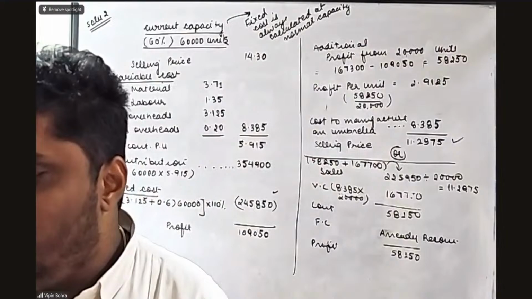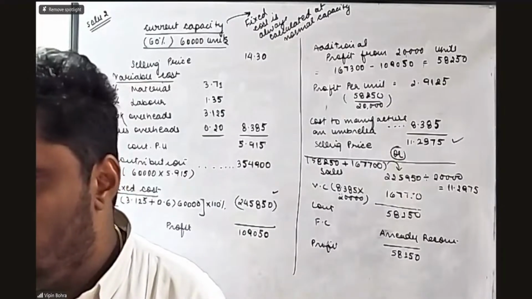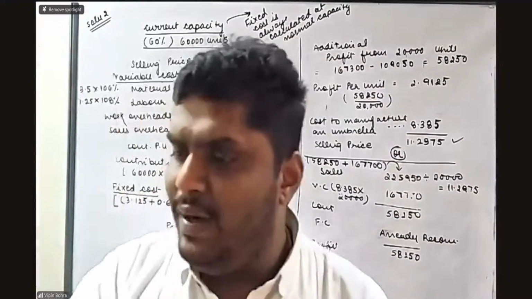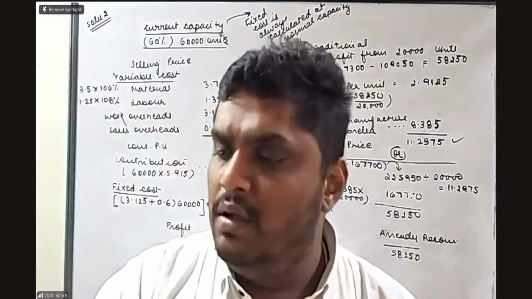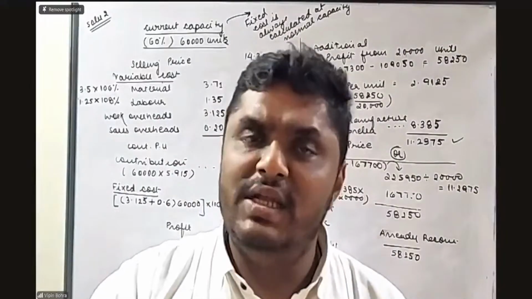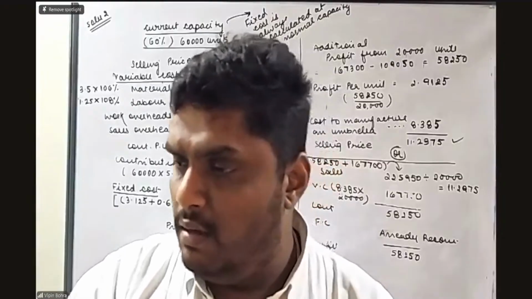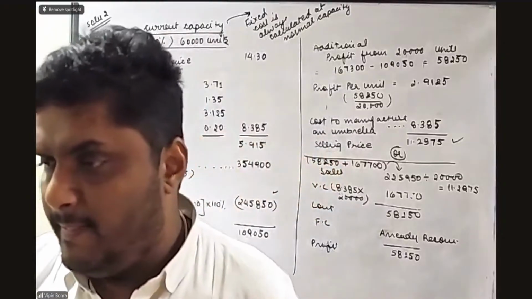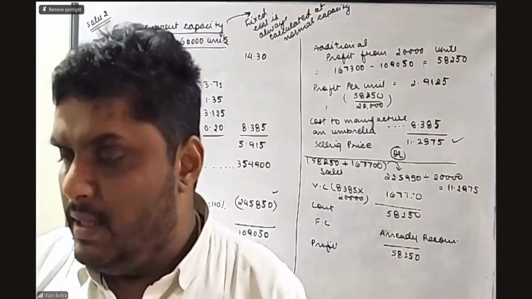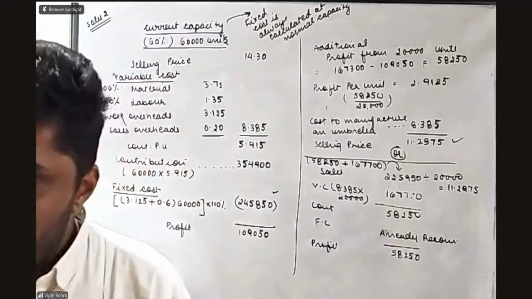It's an easy question, not that tricky. Yes, 20,000 is the additional order. 20,000 units is the additional order we got from a buyer.